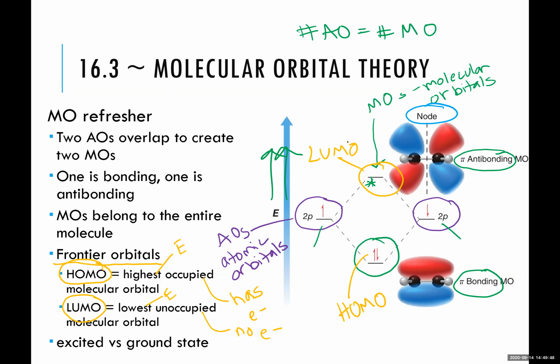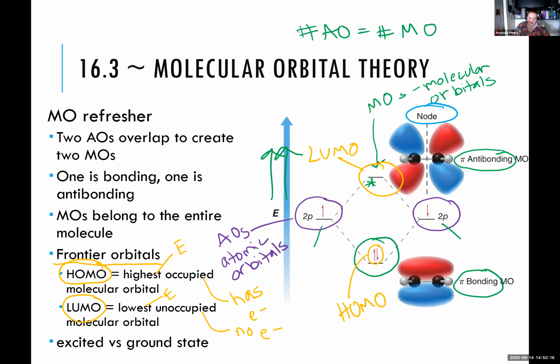Hey, Professor. Yeah. Would you mind explaining why the top one was LUMO and below it was HOMO again? Yeah. So, and this might make sense when we see something bigger also, but the bottom orbital has electrons in it, so it's an occupied orbital, and even though it's the only one, it's the highest energy orbital that has electrons in it.